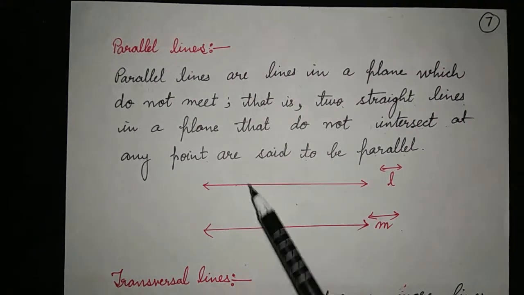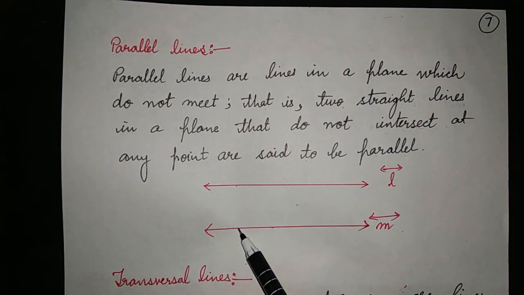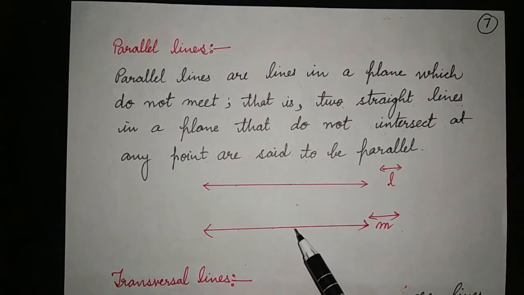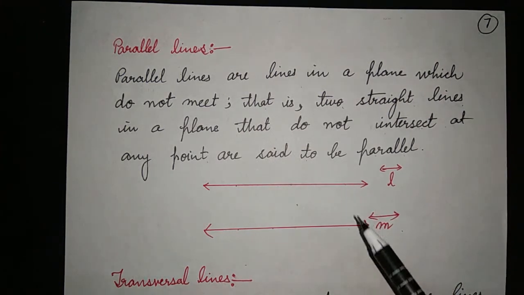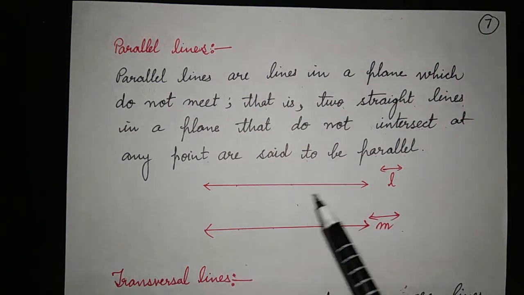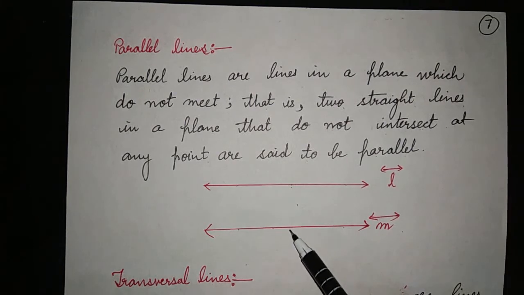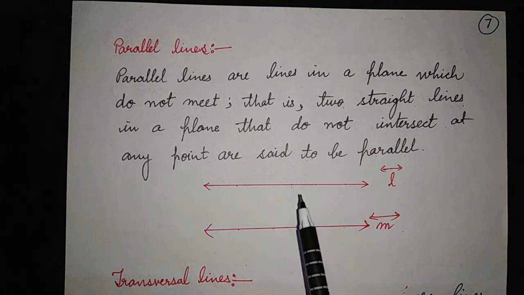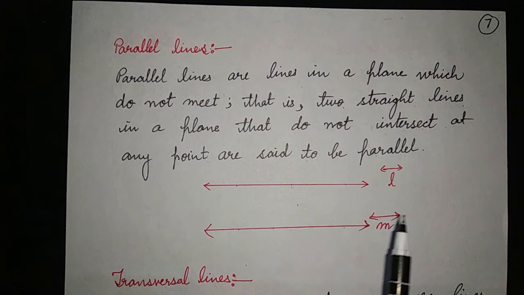From this point to this point, the distance is the same as from this point to this point. So you can see here the distance at every point between line L and line M is the same.